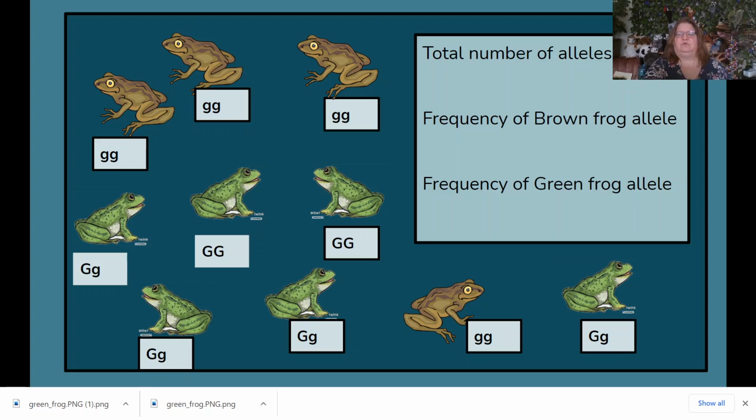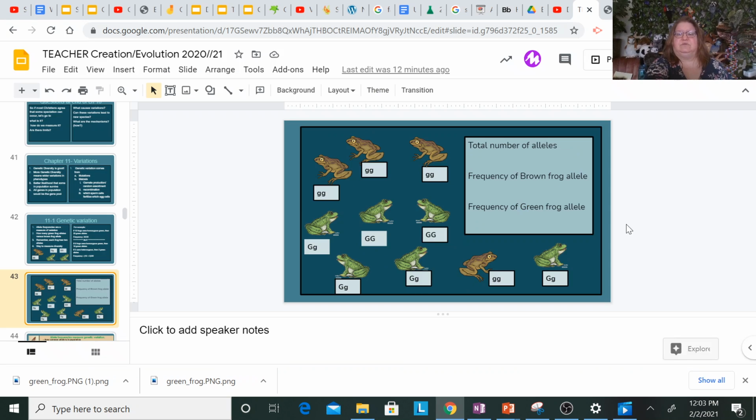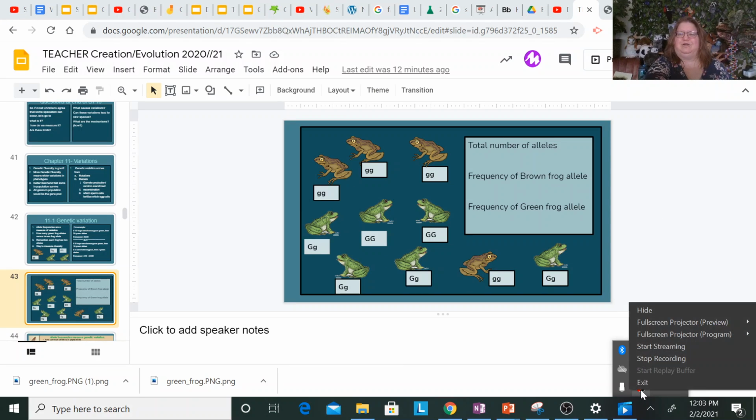What if the green frogs can hide better in the green vegetation? What do you suppose is going to happen over the next few breeding periods of the frogs if the green frogs are going to do better, and then the brown frogs can be spotted by the predators? So think about that, and that'll give us something to end our video and start a discussion.